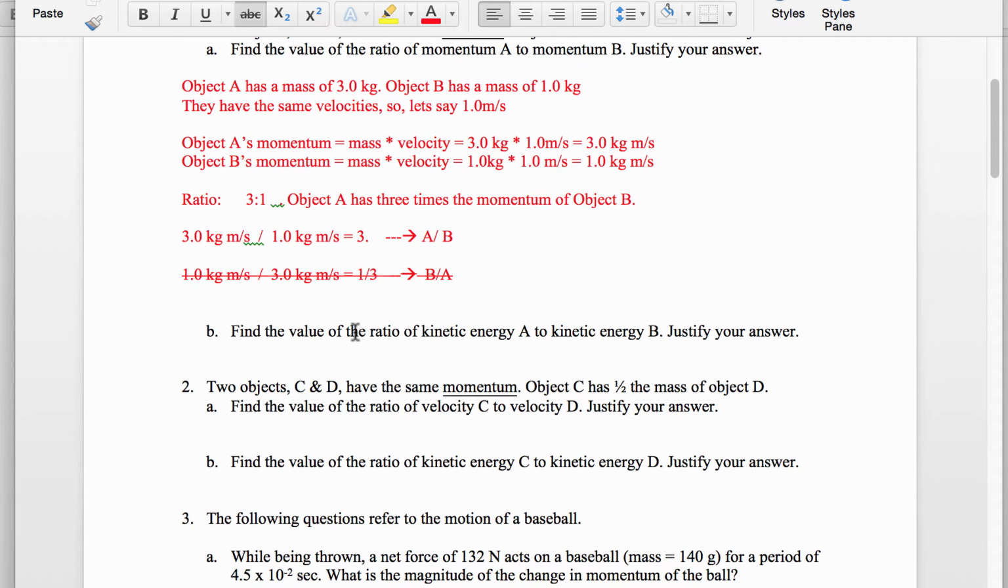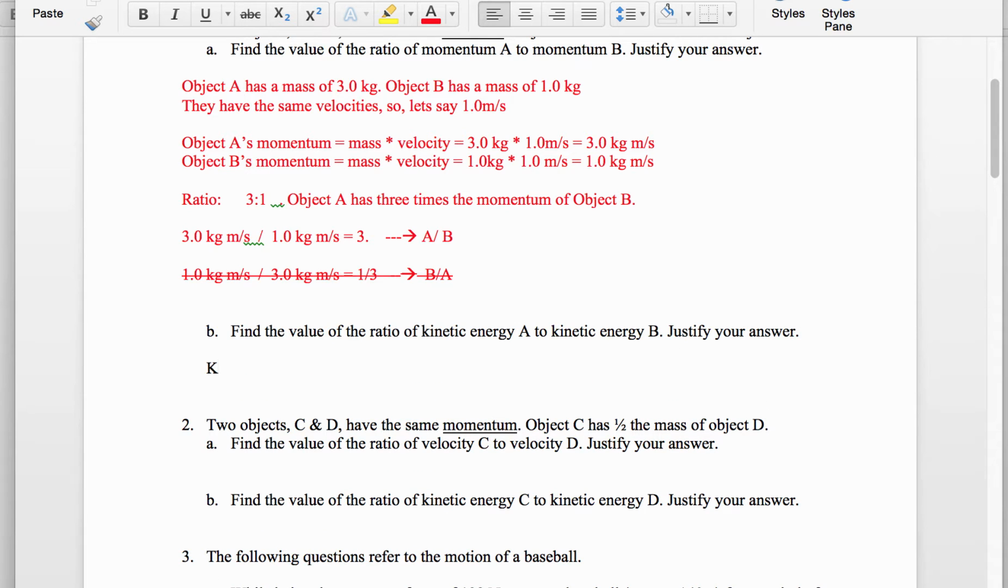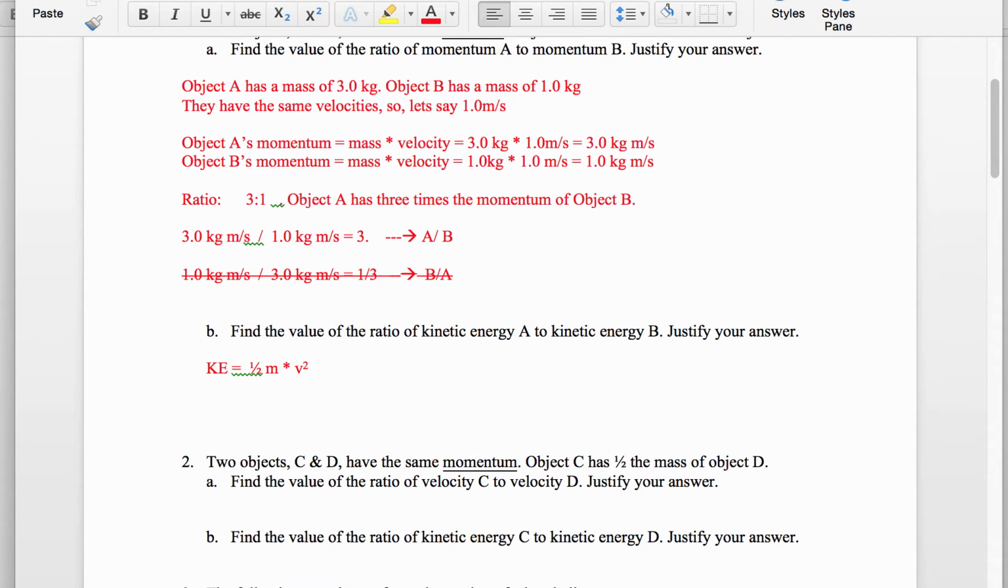Okay, find the ratio of kinetic energy of A and B. Okay, so kinetic energy. There's a formula for that. It is 1/2 mass times the velocity of the object squared. I can use superscript squared. So for object A, what does that mean? For A, that's 1/2 times its mass.